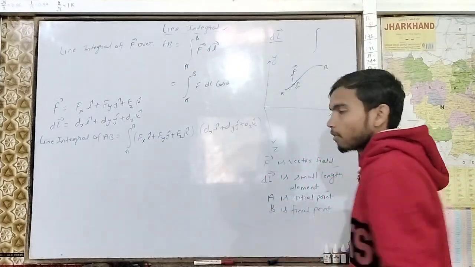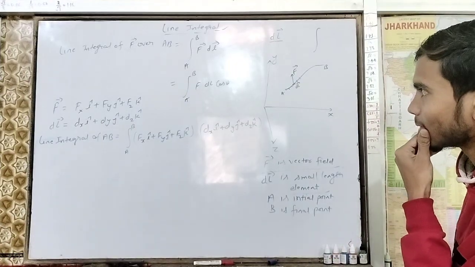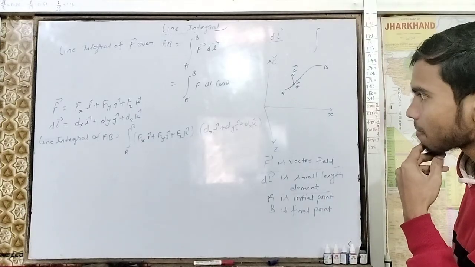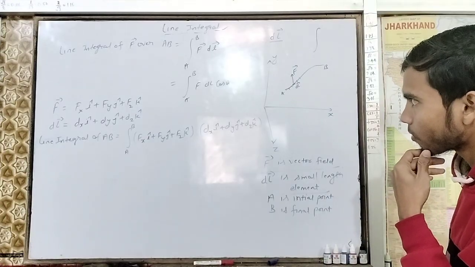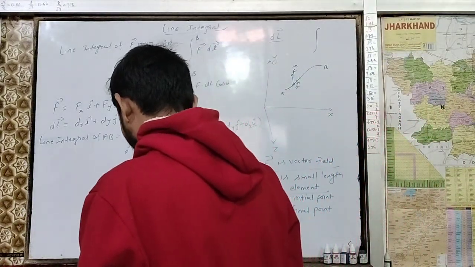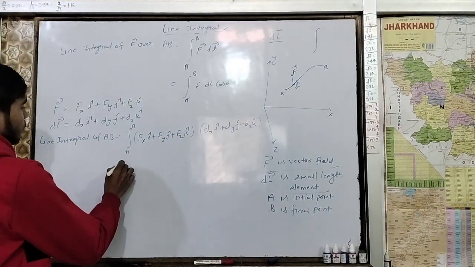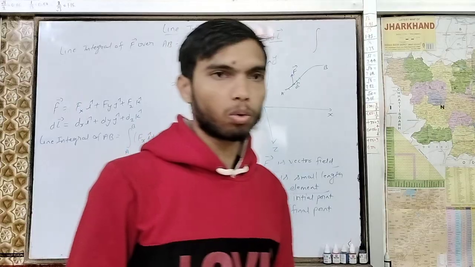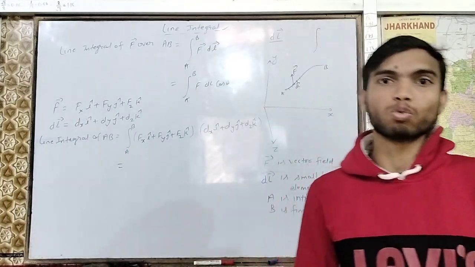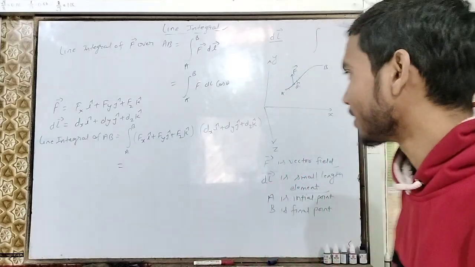There are two vectors, so cos 0. Cos 0 degrees is 1.